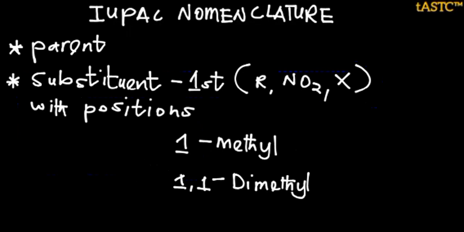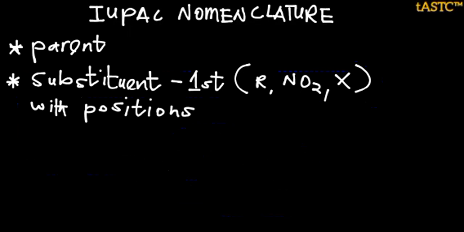Now, what if you have more than one type of substituent present on the parent chain? How would you name it? The next thing is you need to follow the alphabetical order. The alphabetical order is a type of nomenclature that follows the alphabetical arrangement of the names of the substituents present on the parent chain.